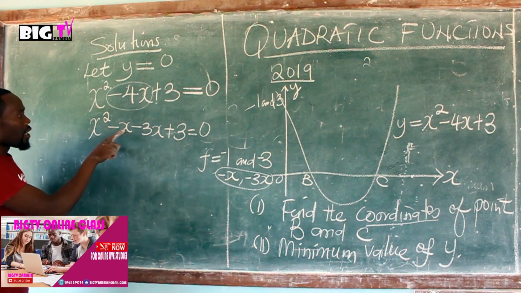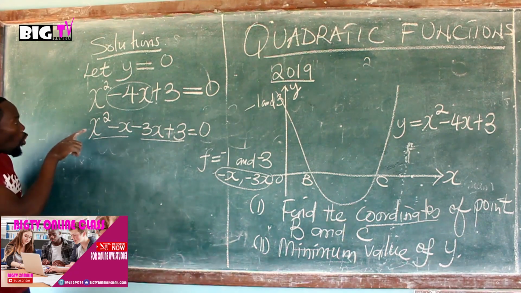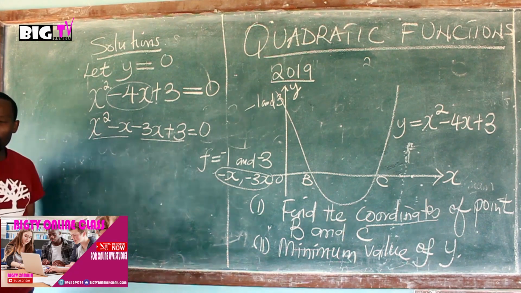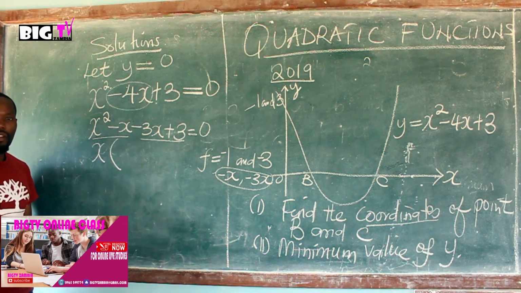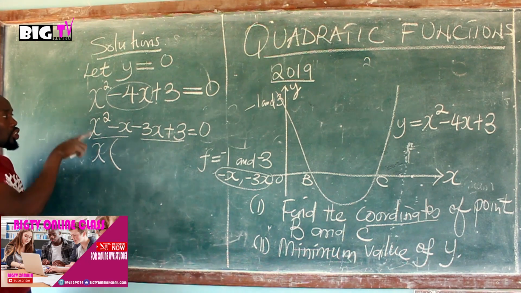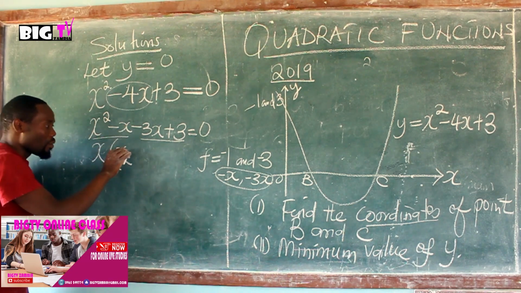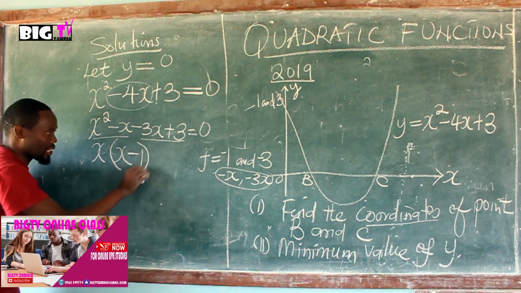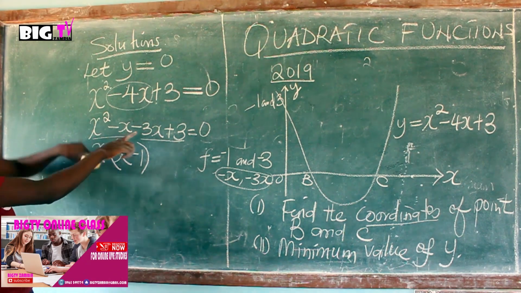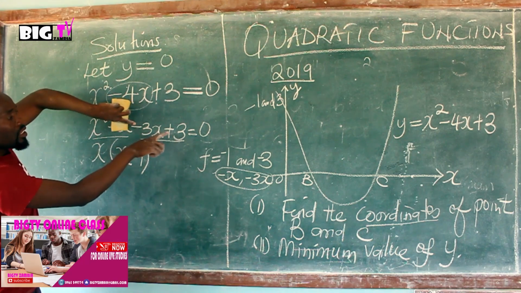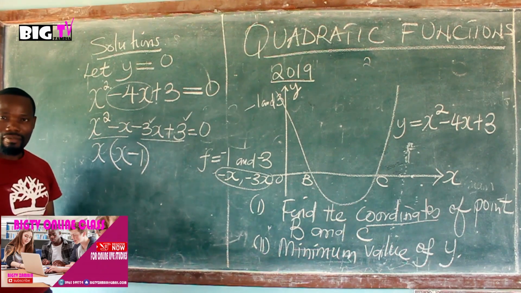Factorize by grouping method. What is common here is x. You write your x outside. x into x squared, you remain with x; x into negative x, you write minus 1. You close. Now, we have negative 3x and positive 3. We are able to see a 3 very common.